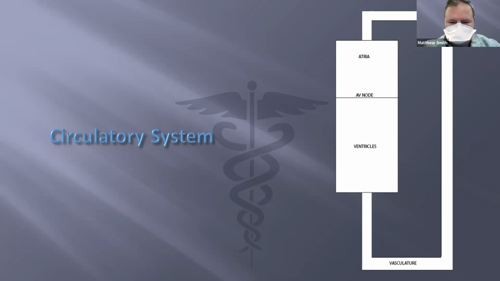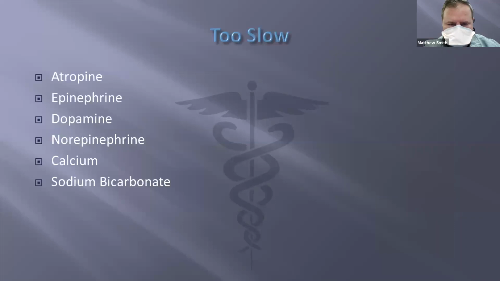And when we give drugs to our patients, the drugs are going to affect either the atria, the AV node, the ventricles, or the vasculature. And we're going to talk about the different drugs and which drugs affect which parts of this schema and how. So let's take a look.